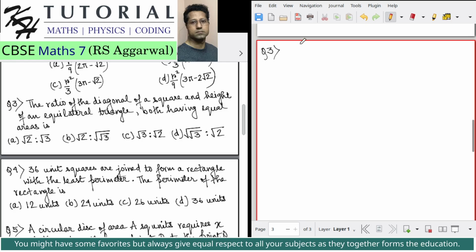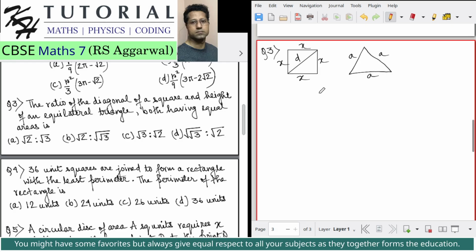So let's roughly draw a square. Let's say the square has all sides x, and let's say the diagonal is D. Now an equilateral triangle, where let's say all the sides are of length a.